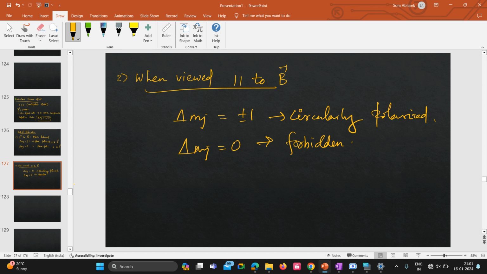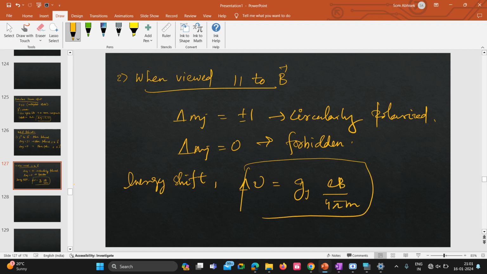Alright, what is the energy shift in this? Energy shift formula is del nu equal to gj eB by 4 pi m. And del lambda is also the same: lambda square by c, gj eB by 4 pi m. You have to remember this formula.